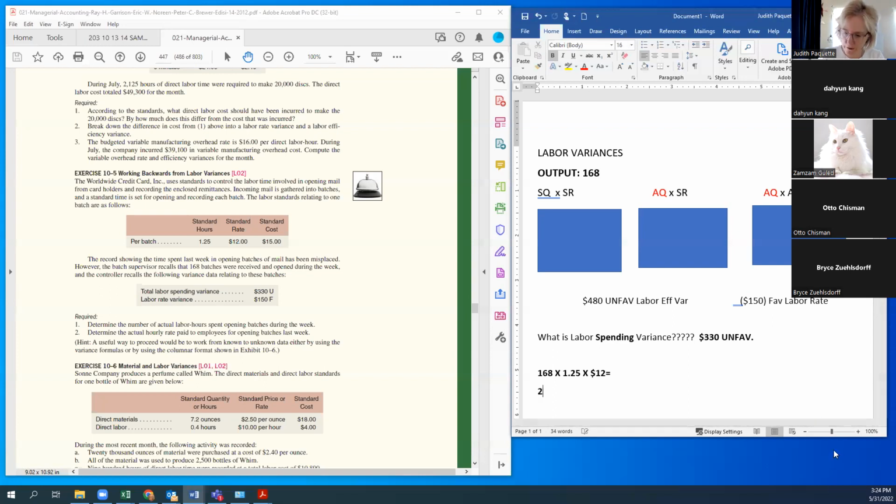So it should have been 210 hours times $12 an hour. And that's going to be 2520.